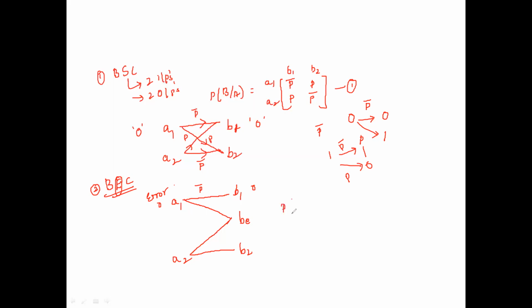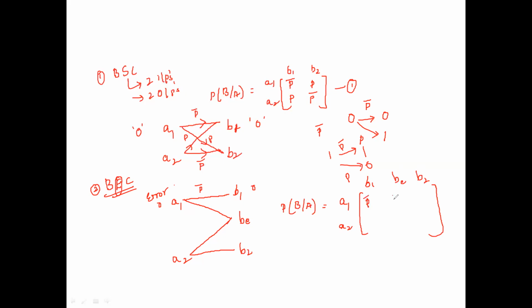How do we represent the matrix? The probability of B by A is given as follows. We have two input symbols, A1, A2, and the outputs B1, which is the error, and B2. If A1 and B1, the same symbols, are transmitted, then it is P bar.